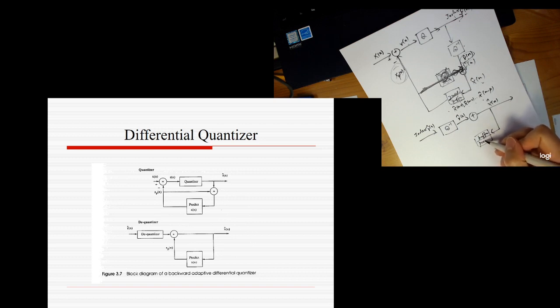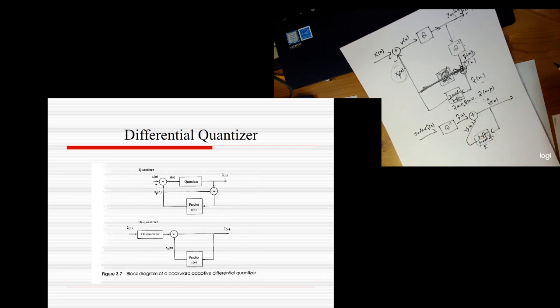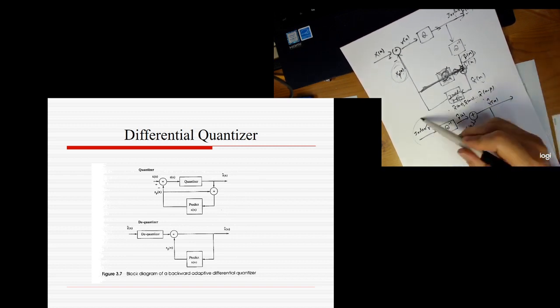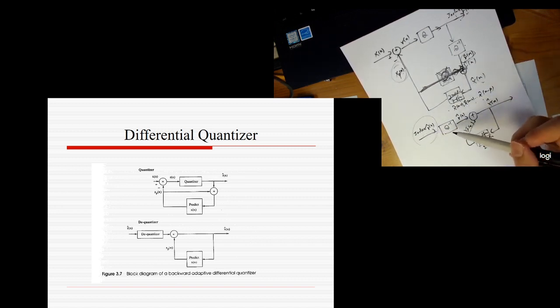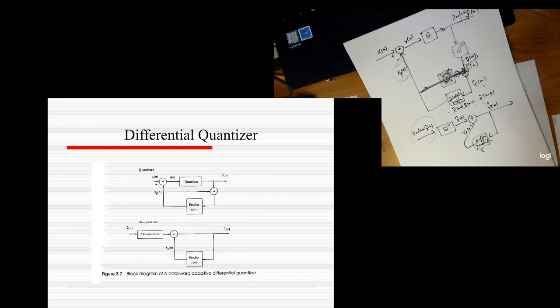So they do the prediction, like a summation prediction, to generate the SP of n. So it should be here. This one is not an index, so they dequantize to get the n. In the textbook, it is a little bit confusing, so you have to make it more clear.